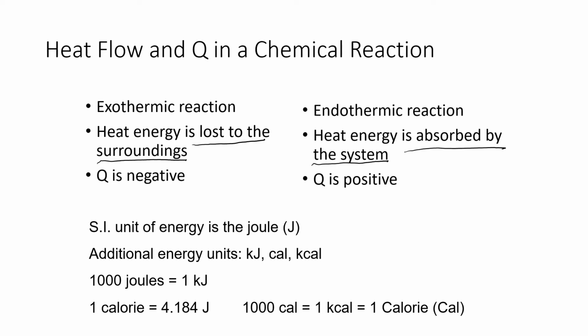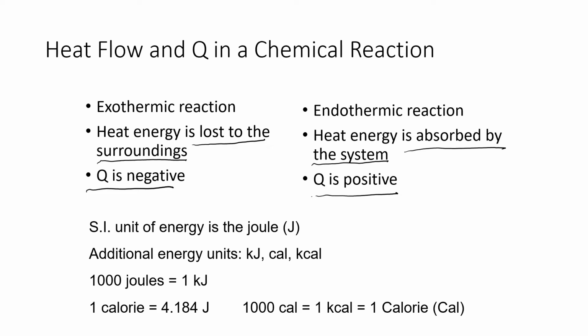If heat is lost, it's leaving the system, going out to the surroundings, Q is negative. Negative meaning it's lost. If energy is gained or absorbed by the system, Q is positive. We're gaining energy.